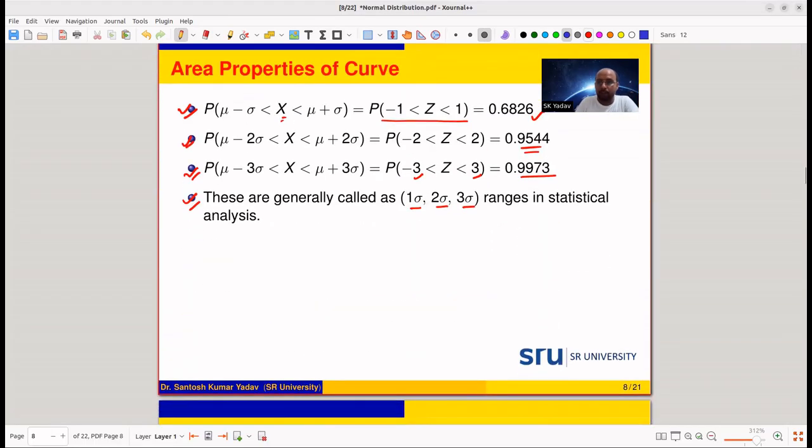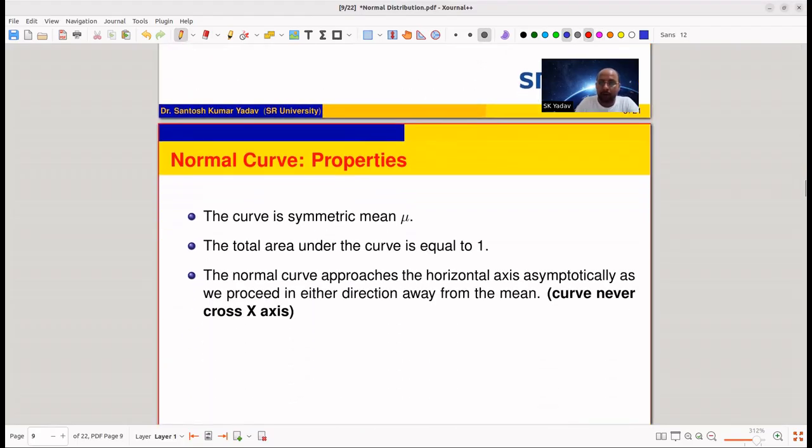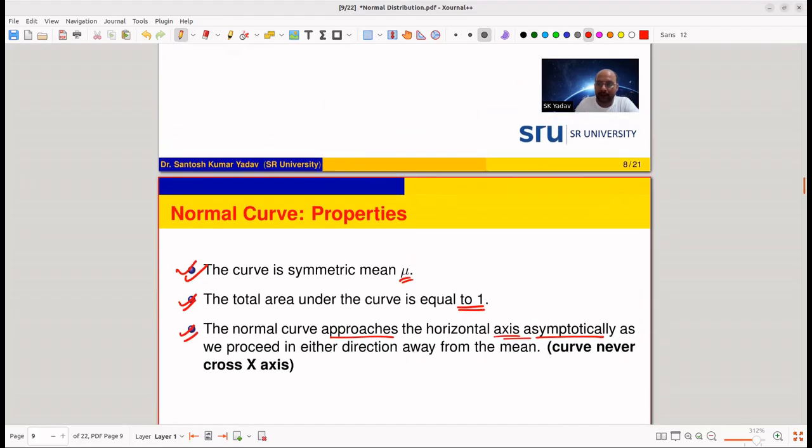So I can write here, by using this symmetric property, that this curve is symmetric about the mean mu, and the total area under the curve is 1 because the curve represents the graph of the PDF of the normal distribution. And the third property is that the normal curve approaches the horizontal x-axis asymptotically. That means it appears to touch the x-axis but will never touch it; it is asymptotic towards the x-axis.